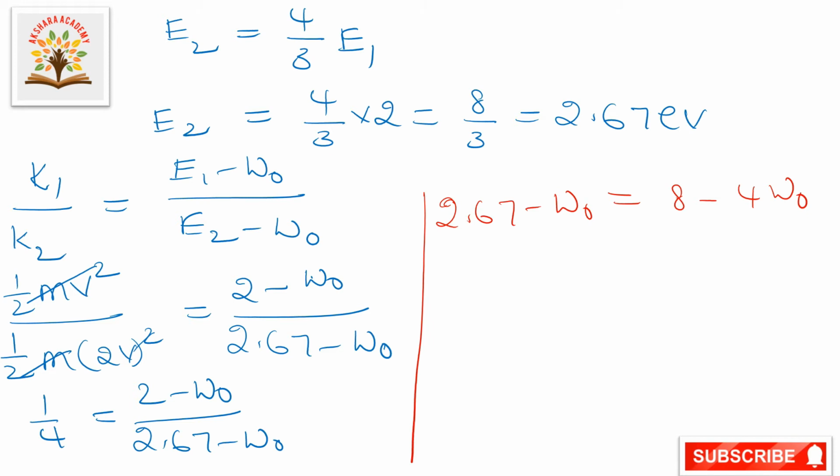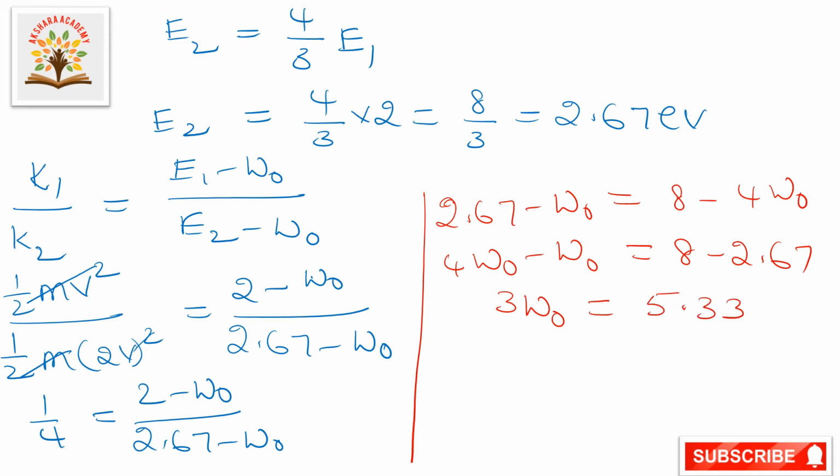So this can be done as minus W naught plus 4 W naught, that is 3 W naught, is equal to 8 minus 2.67, which becomes 5.33.